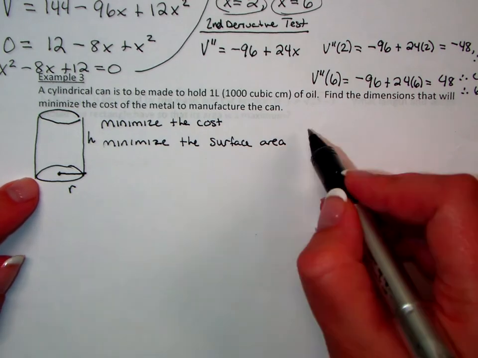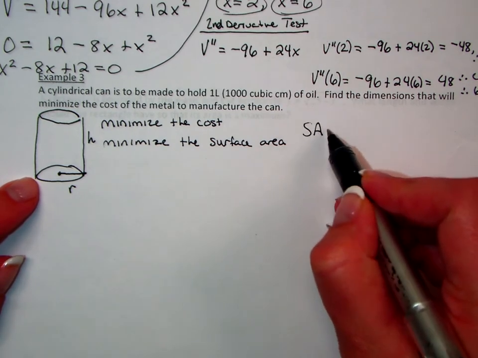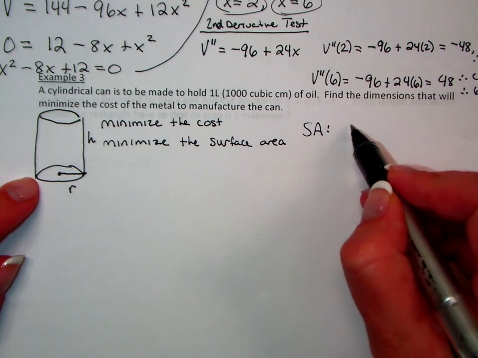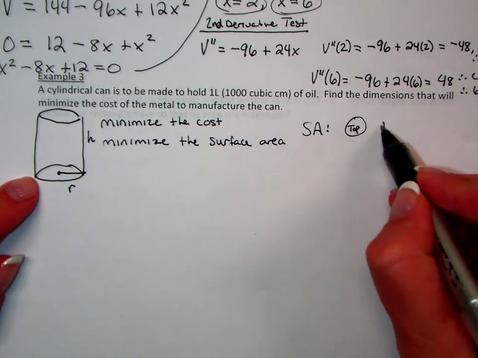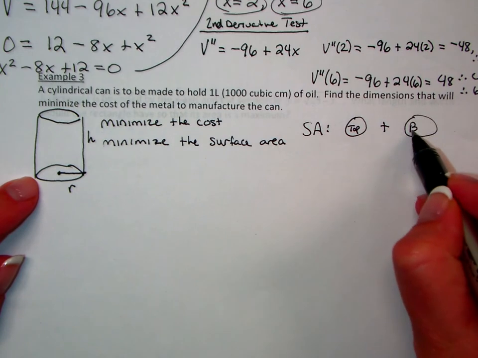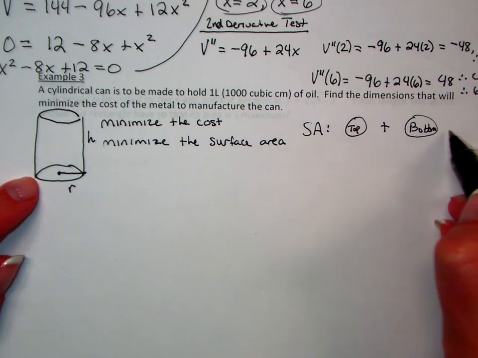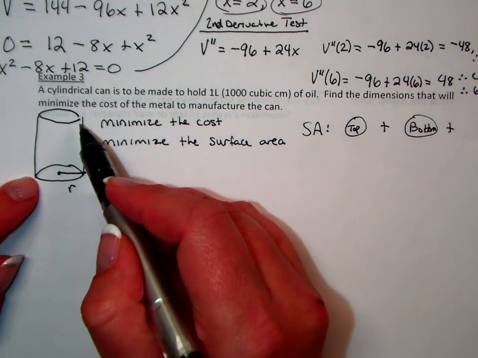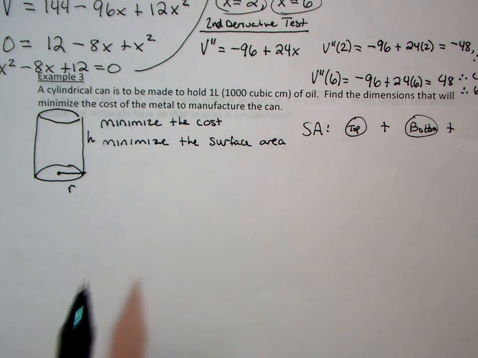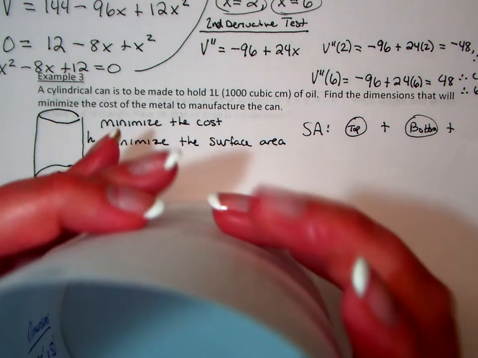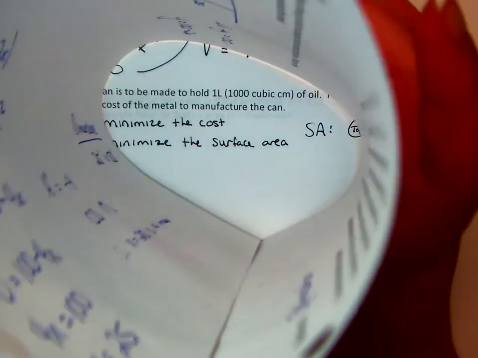The surface area of this can is going to be the top, as a circle, the bottom as a circle, and then the sides. If I were to take a piece of paper and pretend I have a can, let me zoom out.